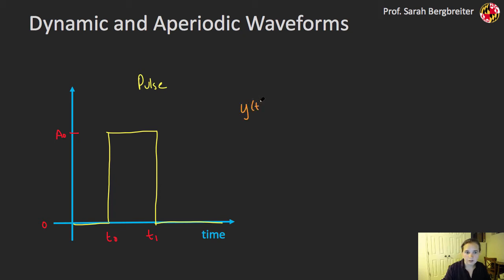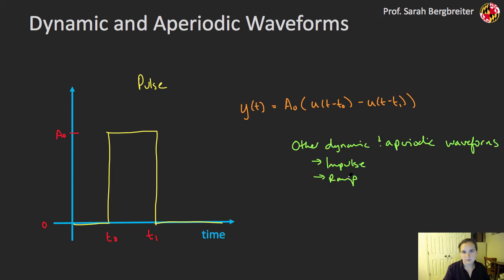So my y of t for a pulse is going to be a0 times u of t minus t0 minus u of t minus t1, where u is defined as that step function that I gave you earlier. And there are obviously a lot of other dynamic and aperiodic waveforms as well. The impulse and the ramp are probably two of the most common of those.